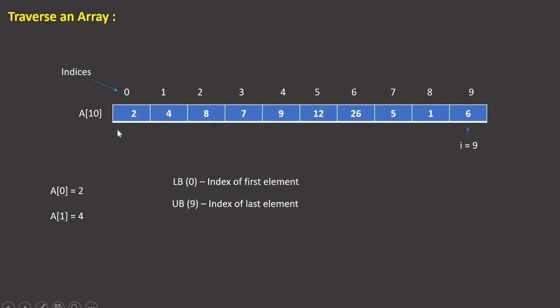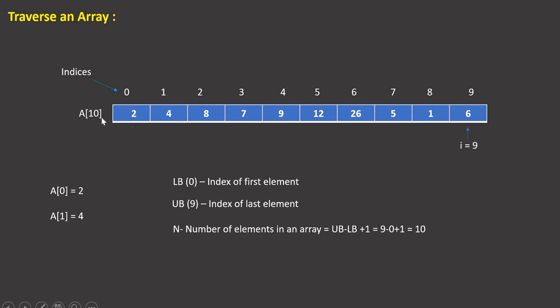So in case if I know the lower bound and the upper bound of an array, I can simply traverse this, because I will get to know the number of elements in an array. How? There is a formula to access that: upper bound minus lower bound plus 1. So here the upper bound is 9, so 9, then minus lower bound is 0, then 0, then simply add 1, which is equal to 10.